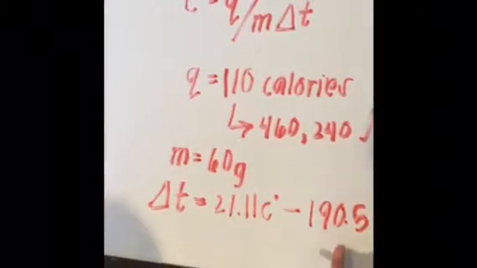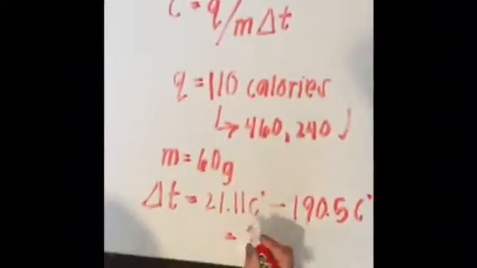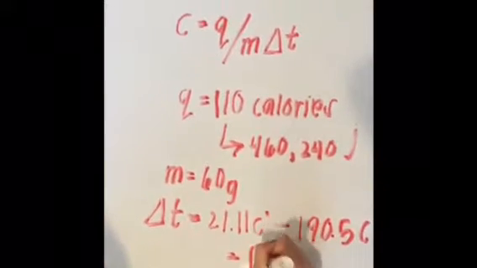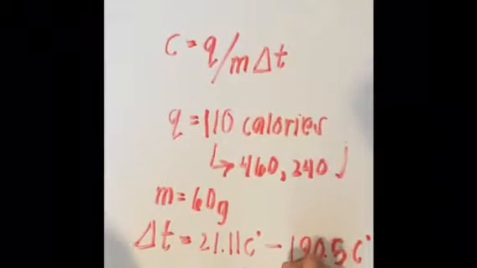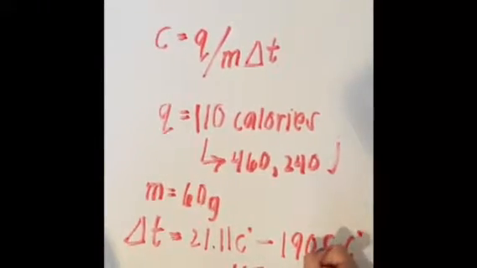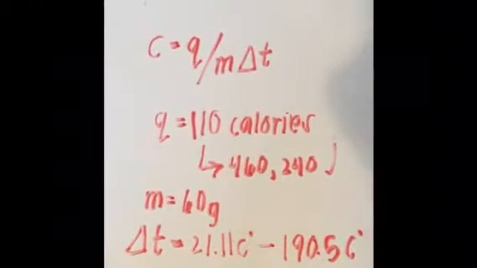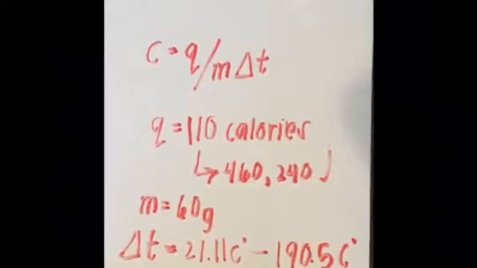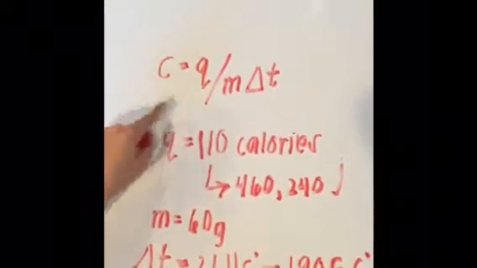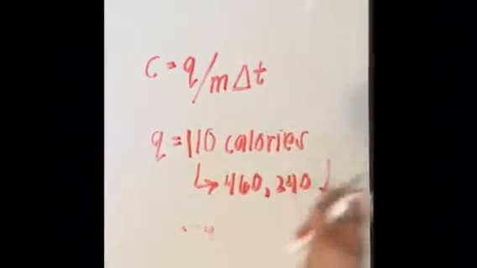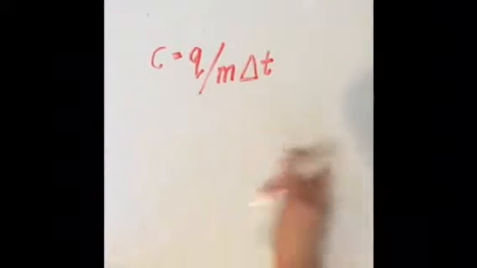And when you subtract those, it equals 169.45 degrees Celsius. So once you have the heat, the mass, and the change in temperature, you can put this into this equation. So let me do that right now.